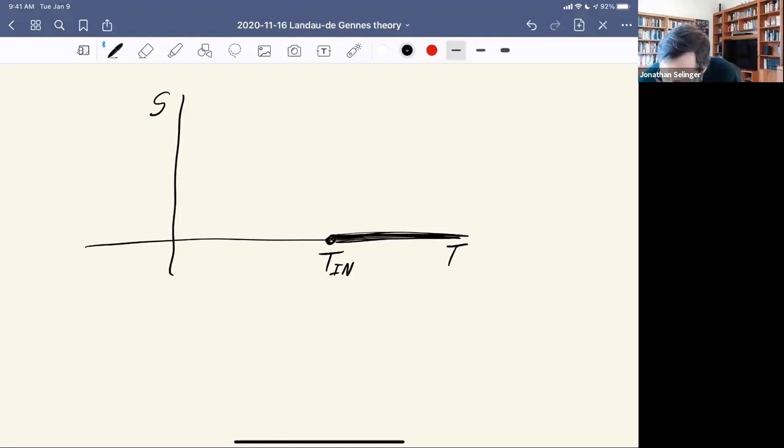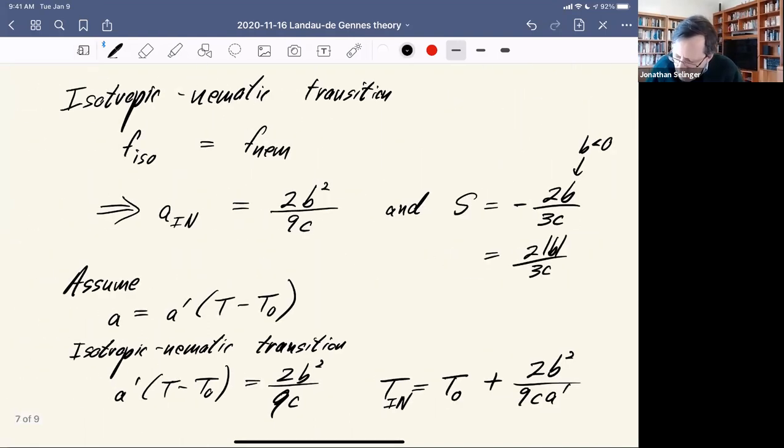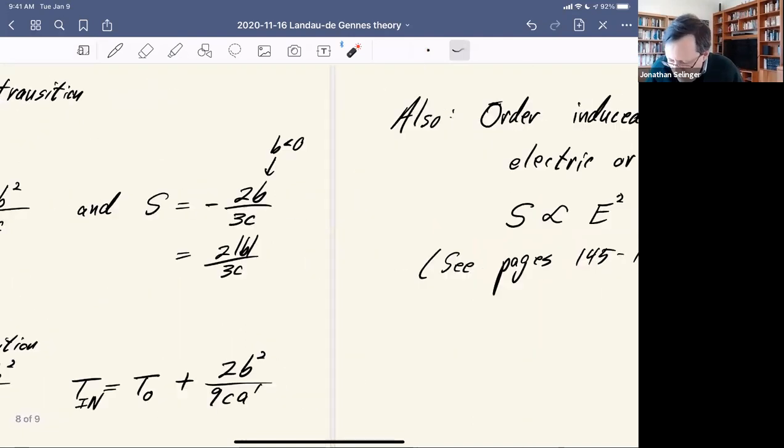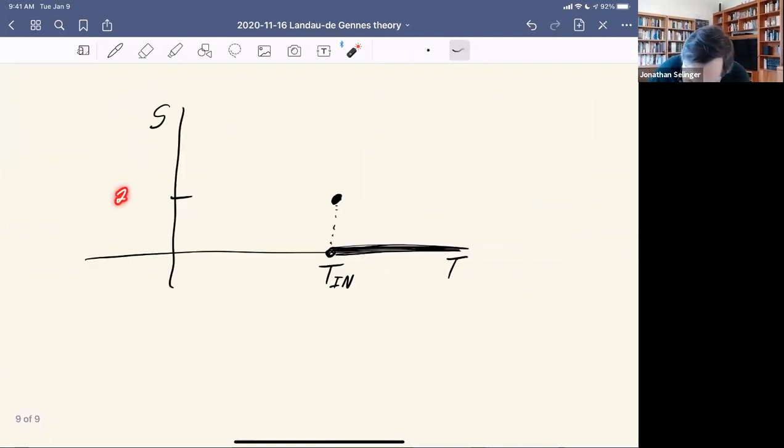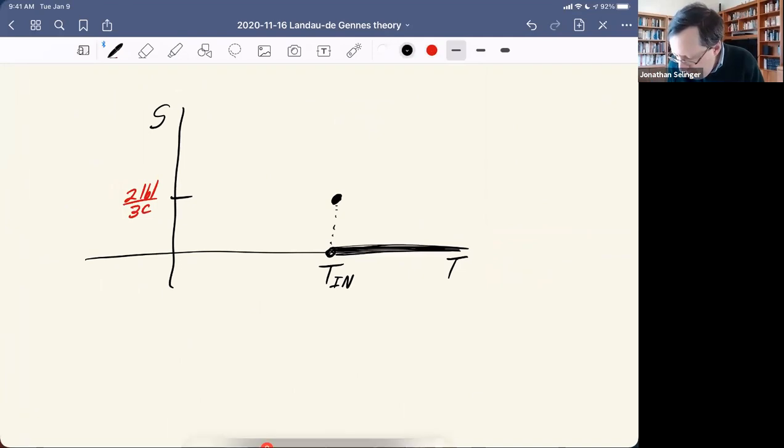Then right at the transition, there's a discontinuity where we jump to the S that I calculated here, S equals 2 absolute value of B over 3C. And then if we continue to reduce temperature, S continues to increase, and it curves over a little bit.